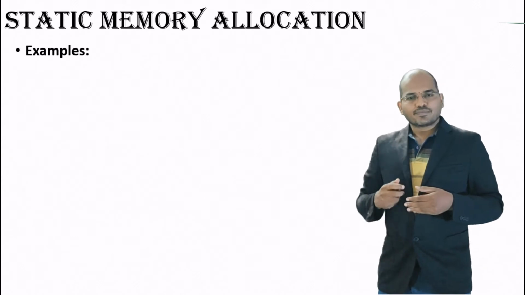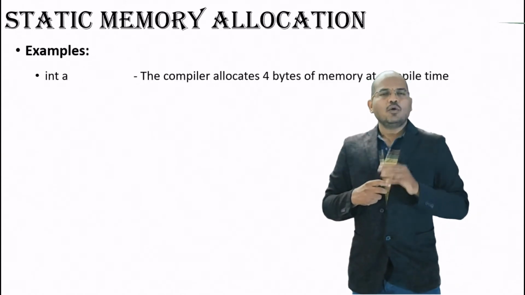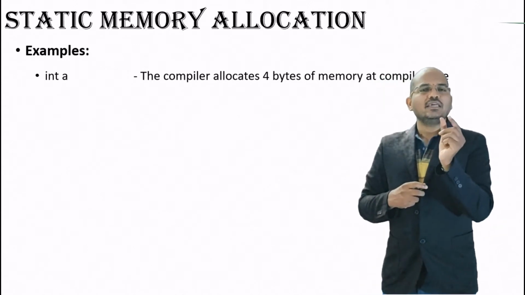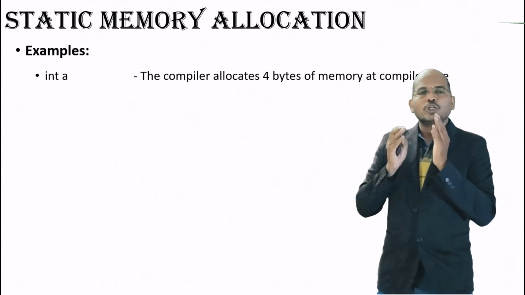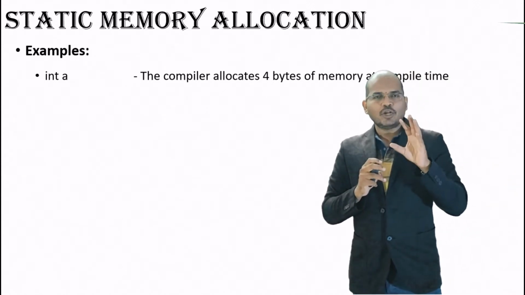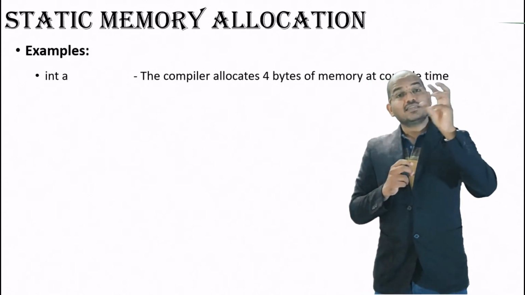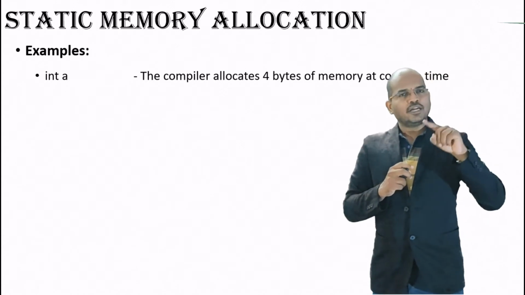So in the example, now I declare a variable called int a. Now what is int a? A is an identifier of type integer. It means that the compiler should allocate 2 or 4 bytes of memory to the identifier a in stack segment. So the compiler knows how much memory is to be allocated to the variable.